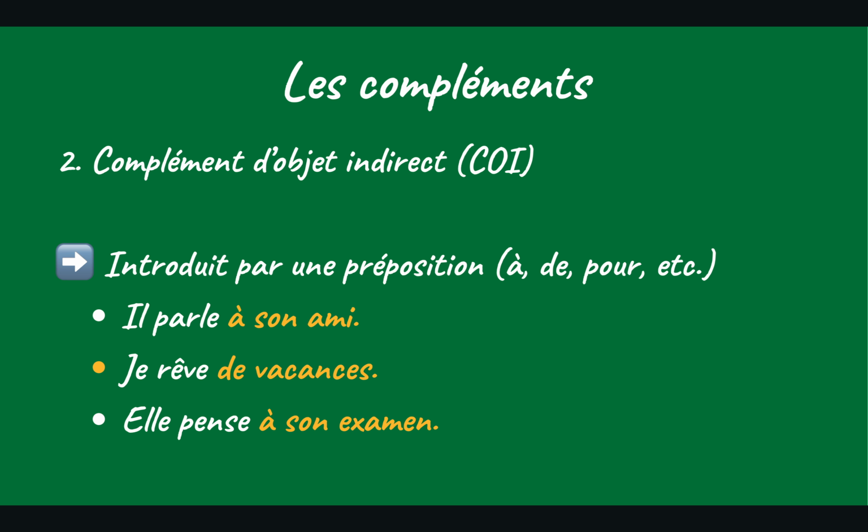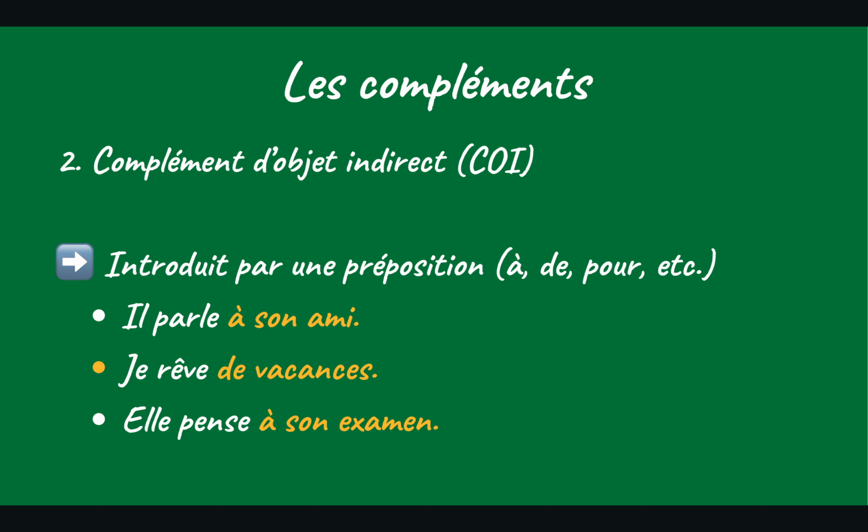If this noun is introduced by a preposition, then it's not a COD, it's a COI. And you will see it will not answer the question quoi, qui, but most of the time it will answer the question à qui, à quoi, de qui, de quoi, pour qui, pourquoi, etc.